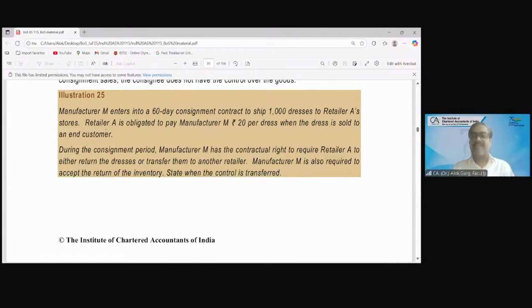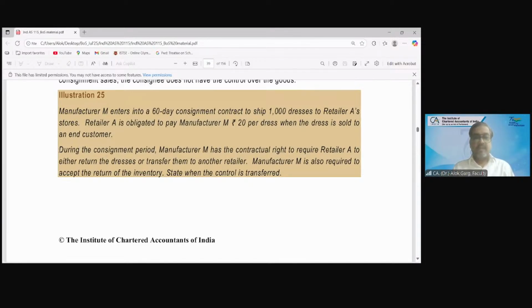He is acting in the capacity of an agent, as a consignee. But when he sells the dresses to the end customer, he is obligated to pay 20 rupees per dress. Otherwise, he is not obligated to pay any money. Right, Ankit?